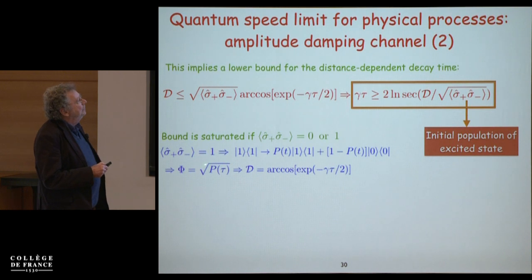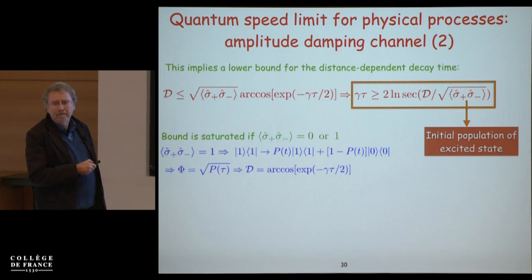And if you have the fidelity, then you can calculate the distance. It's arccosine of the fidelity, so the distance is given by that. And you see that that's just equal to this expression with the equal sign, since this is equal to 1. Okay? So you see that this evolution here saturates this expression, so you have a very good bound. It is a tight bound.